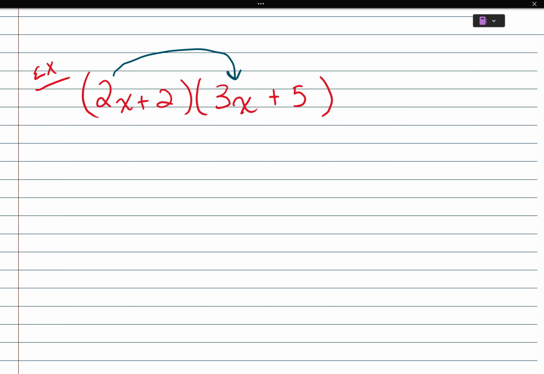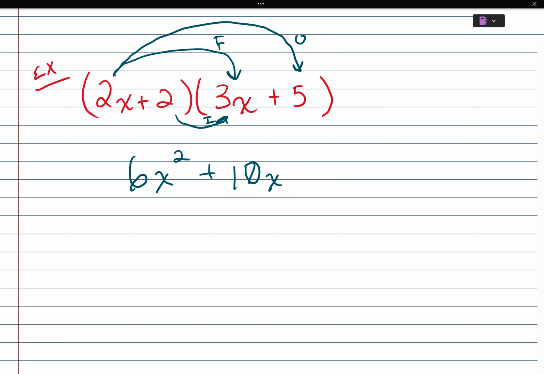So the first is 2x times 3x is 6x to the second. Then we have the outer, 2x times 5 is 10x. Then there's the inner, 2 times 3x is 6x. And then the last is positive 2 times positive 5 is positive 10.